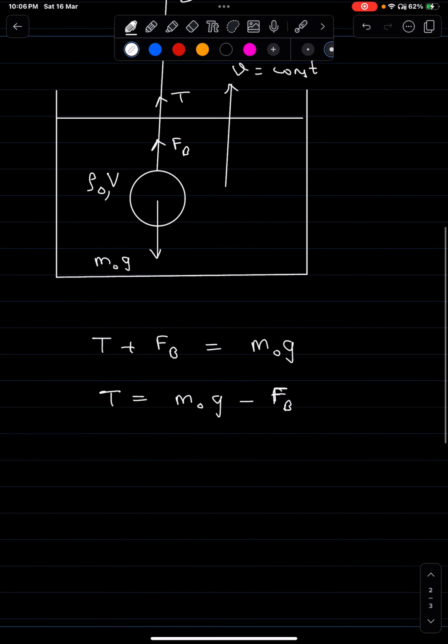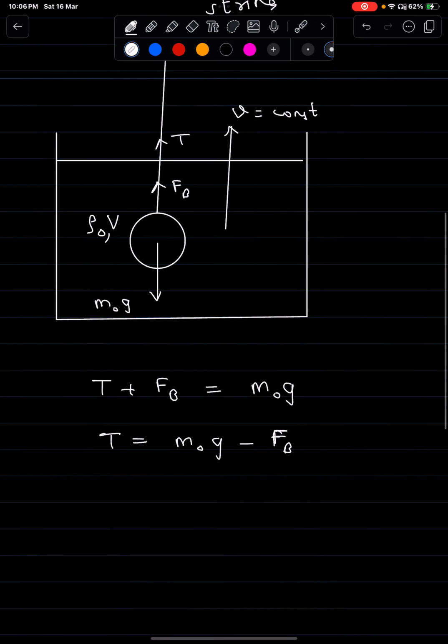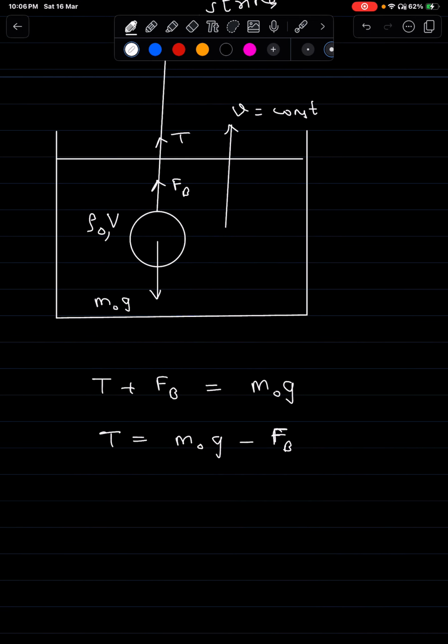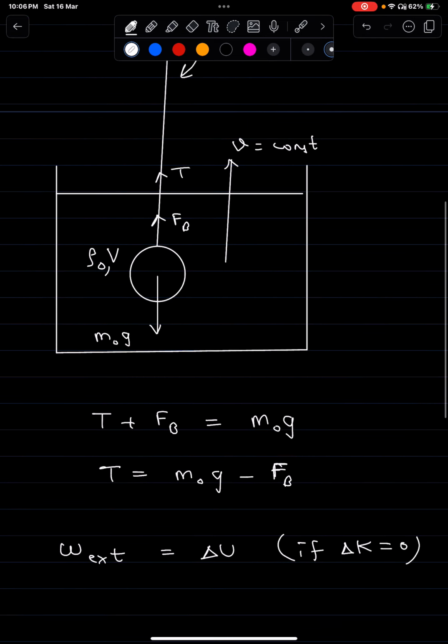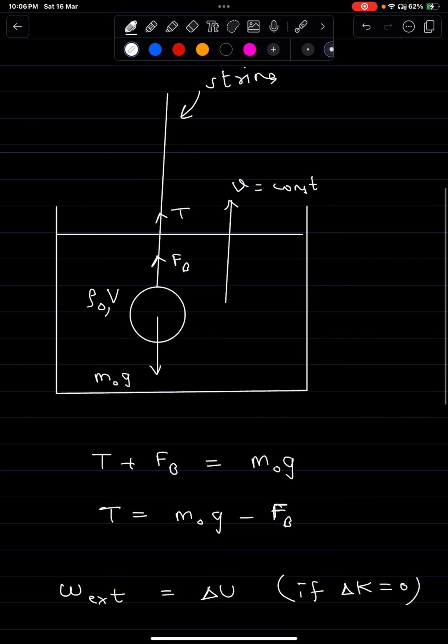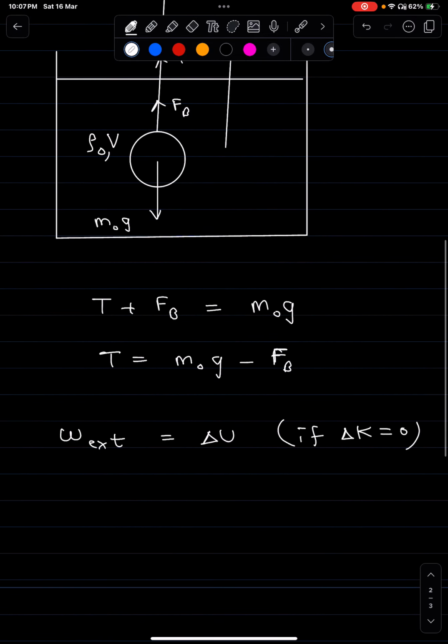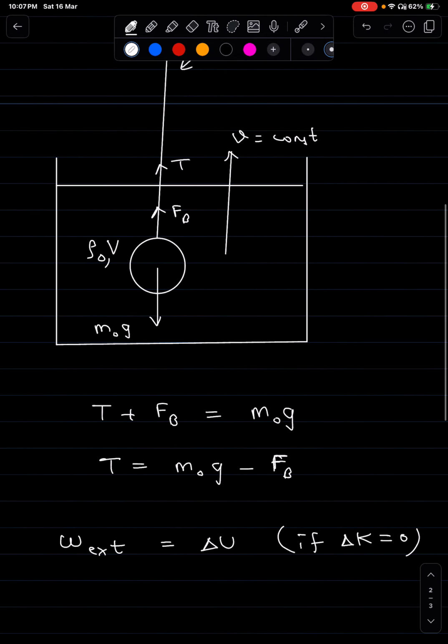Now, one of the consequences of the work energy theorem is that the work done by the external agent is equal to the change in potential energy if the change in kinetic energy is zero. Since it is being lifted up with constant velocity, the change in the kinetic energy of the object is zero. So this formula is applicable.